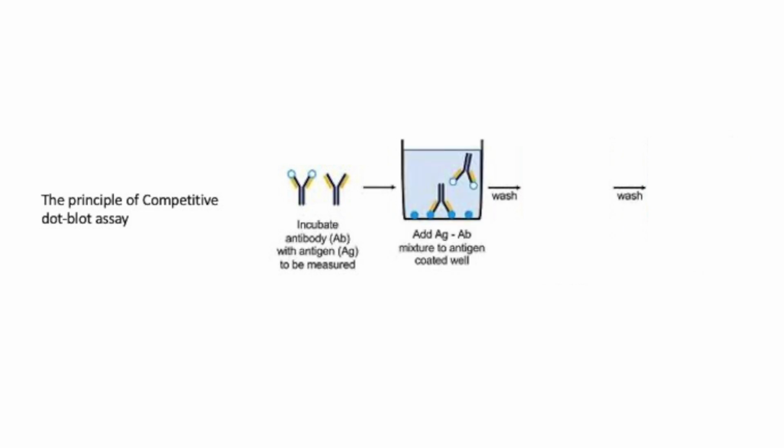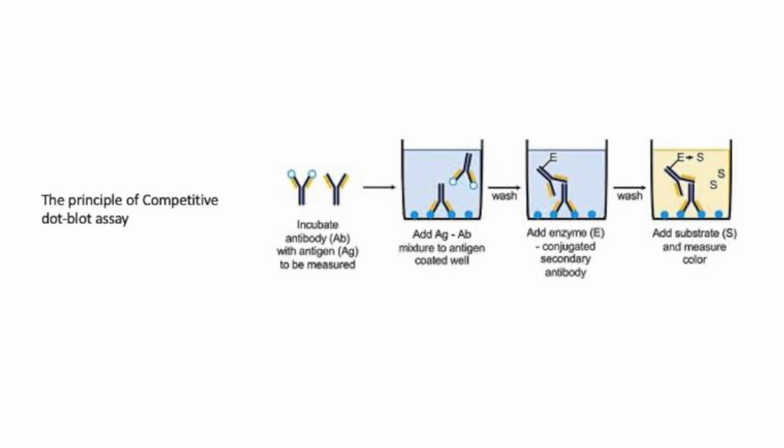In competitive immunoassays, the number of antigen binding sites is limited by the competition of an inhibitor and a competitor. In our assay, our Dot-blot is designed to detect the presence of Tungro in rice plants by exerting the antigen present in the plant sample, which is the inhibitor, and the inhibitor competes with the recombinant antigens of the Tungro viruses, which we will know as the competitor, for the binding with corresponding antibodies.